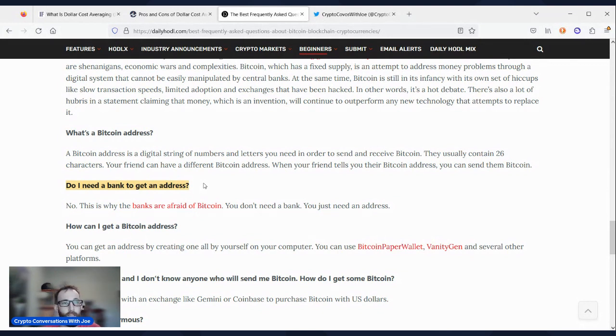So I think that's what a lot of people should probably think about when they hear people like Warren Buffett and Jamie Dimon, the head of JP Morgan Chase. They have an incentive to keep you out of Bitcoin, right? They have an incentive to talk bad about crypto and Bitcoin because they are tied to the old financial institution.